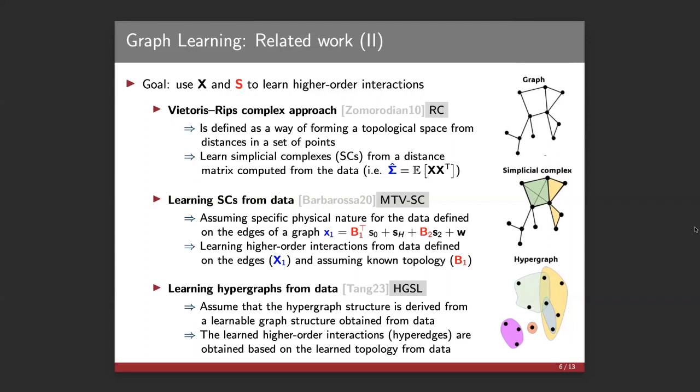So now what we propose is, instead of learning the topology and then inferring the higher order interaction, to jointly infer the topology and the higher order interaction present in the network. We will focus, in this case, on learning simplicial complexes.